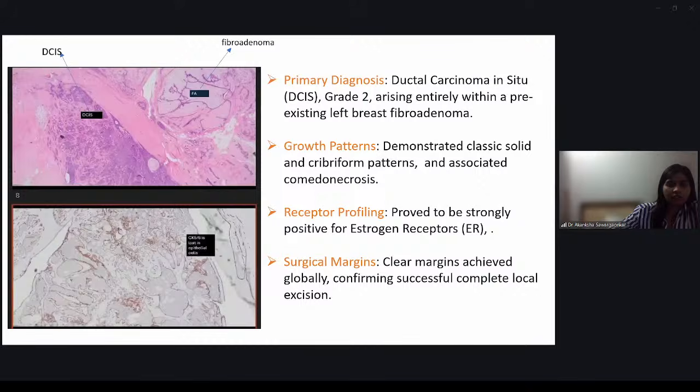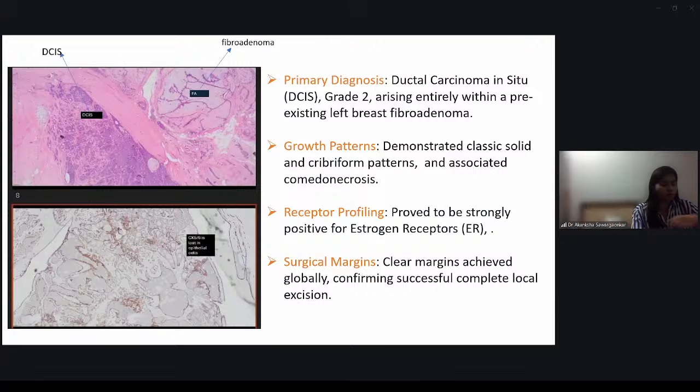After the wide local excision, her final histopath was suggestive of ductal carcinoma in situ, grade 2, arising entirely within a pre-existing left breast fibroadenoma. The growth pattern shows classic solid and cribriform patterns and associated comedonecrosis. Receptor profiling proved to be strongly positive for estrogen receptors, and all surgical margins were clear. It was confirmed as a successful complete local excision.